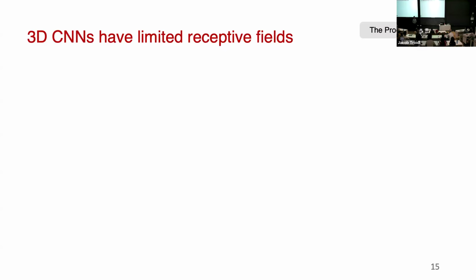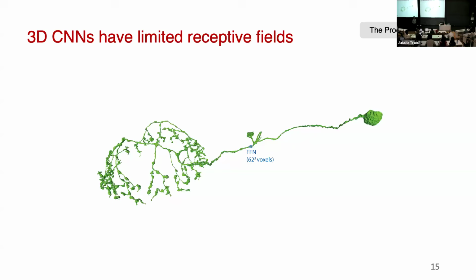Now, why are AI-based reconstruction errors still making so many mistakes that we then have to manually fix afterwards? I think a key contribution to that is that right now, these algorithms are typically 3D convolutional neural networks.